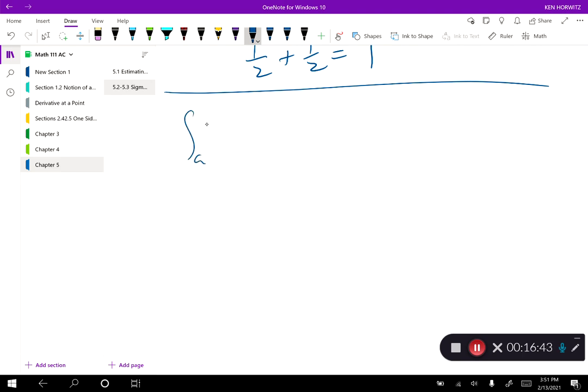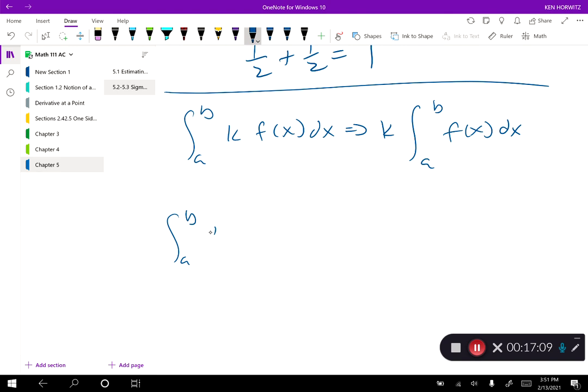All right, so the last two properties are, we have a constant property, so I can go from a to b of k times f of x dx, and that is k times the integral from a to b. You could move that constant out so you have less clutter when you're doing your integral. Could just make things easier. And the other property is kind of what we were doing before, which is the integral from a to b.